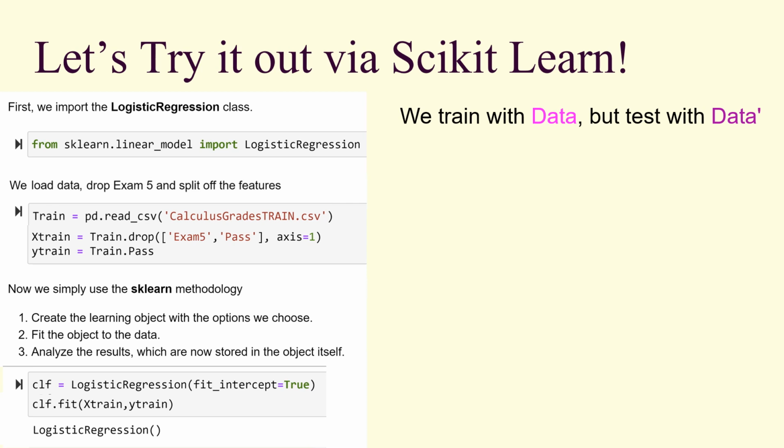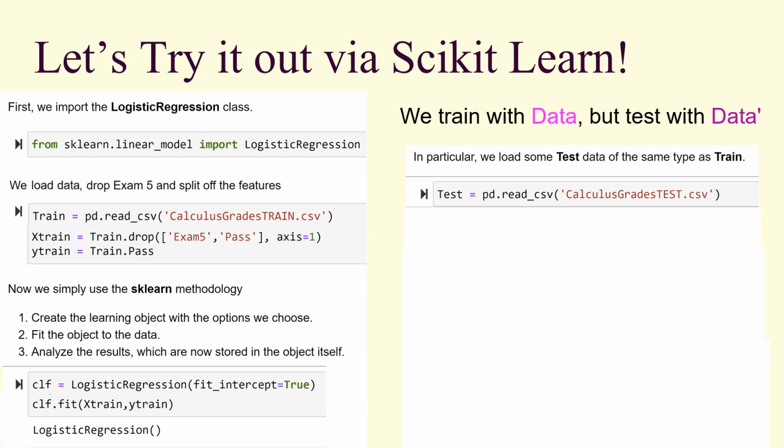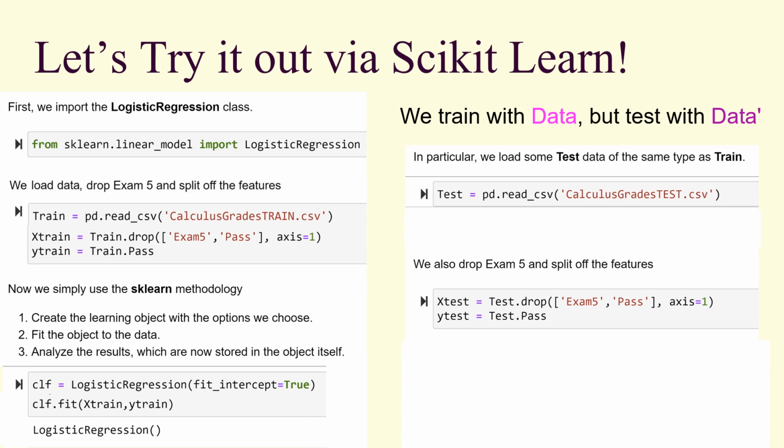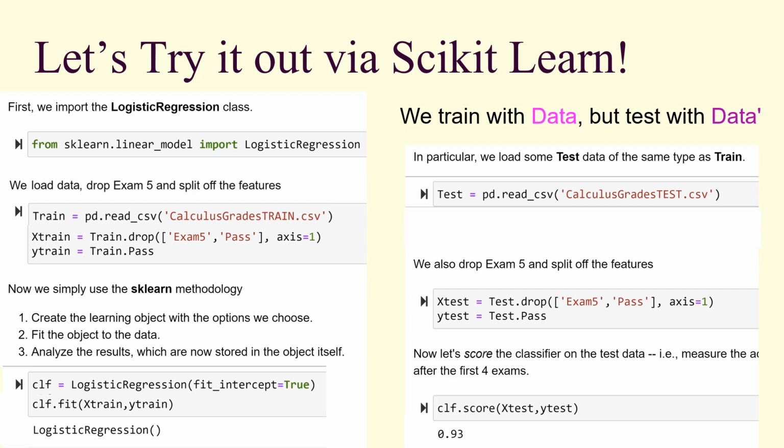We train with data, but we test with a different data set, data prime. So we read in some test data, and then we drop exam 5 and let y-test be just whether or not they passed or failed. And then we score the classifier on the test data. And notice that it scores a 93% accuracy.